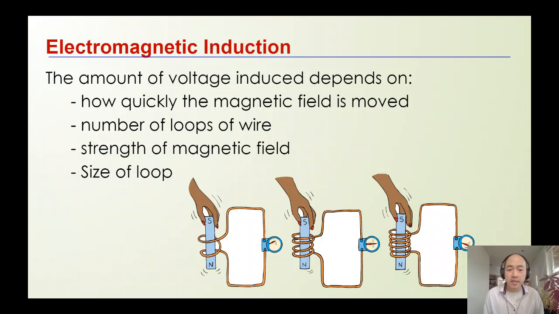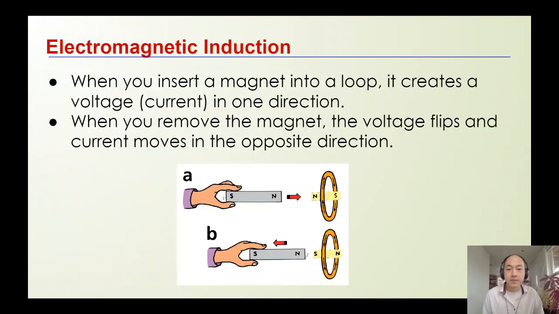The strength of the magnetic field also affects it, so a much stronger magnet versus a weaker magnet. And the last one is the size, or the area, of the loop. These four parameters are going to form what we call Faraday's law.